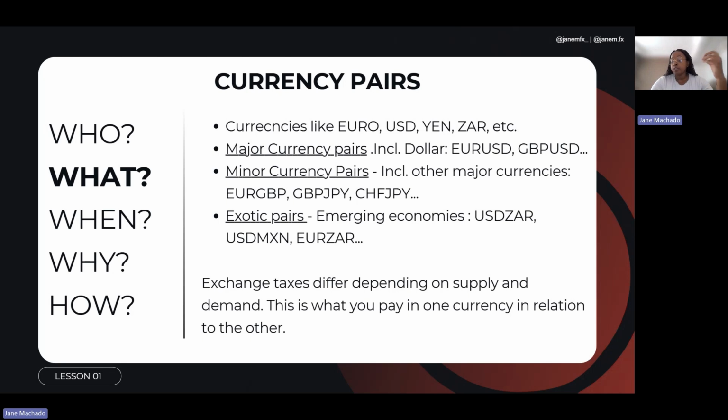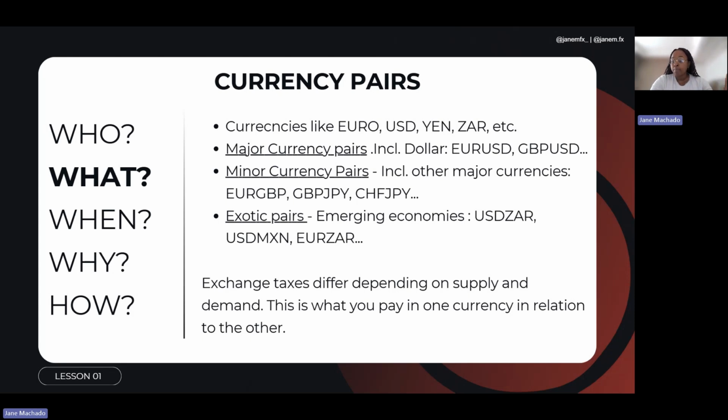The major pairs are the ones of big economies that are against the dollar, like euro dollar, pound dollar, etc. Then the minor currencies are the ones of other big economies, but that exclude the dollar, which is euro pound, pound yen, etc.